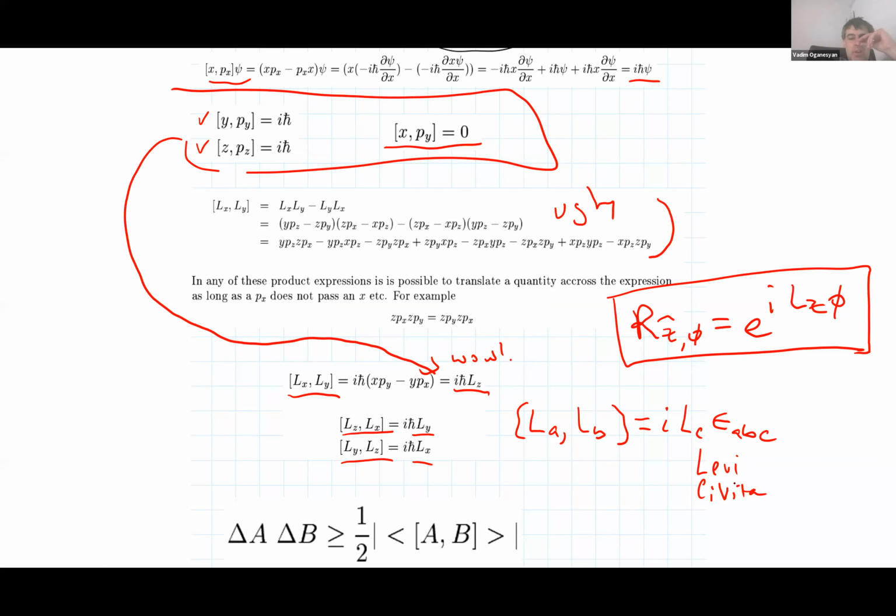Let's continue. This is really important. This establishes the rules on motion on a sphere, right?